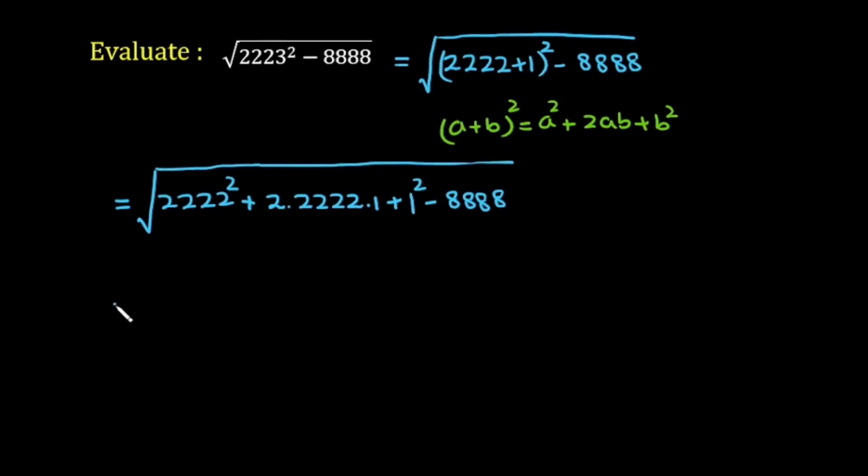So this is equal to 2222 square plus multiply, which is 4444, plus 1 square minus 8888 under root.